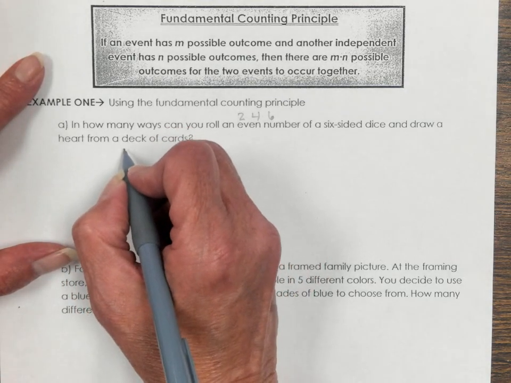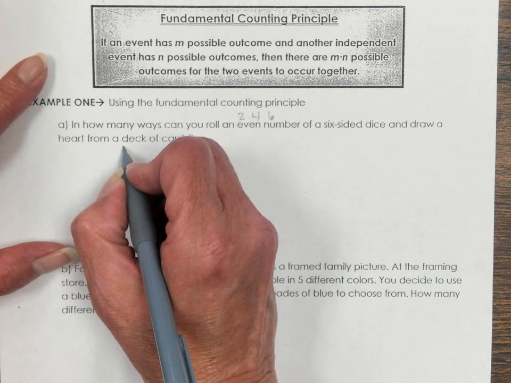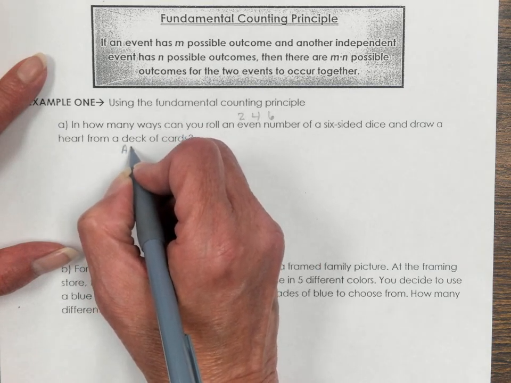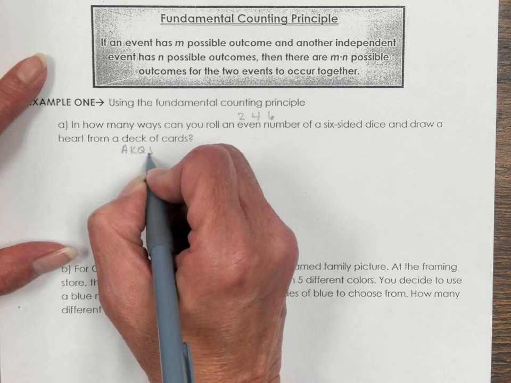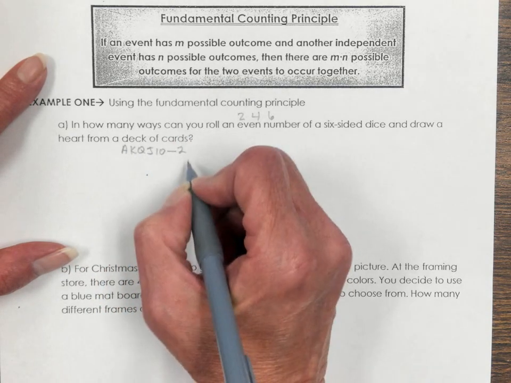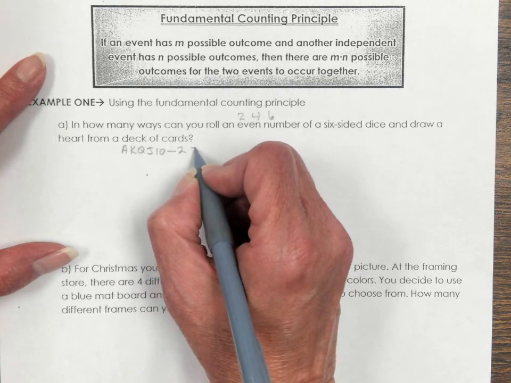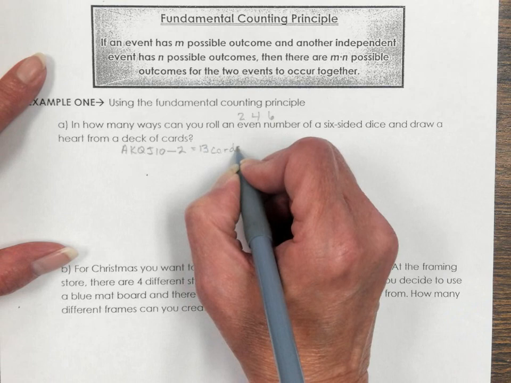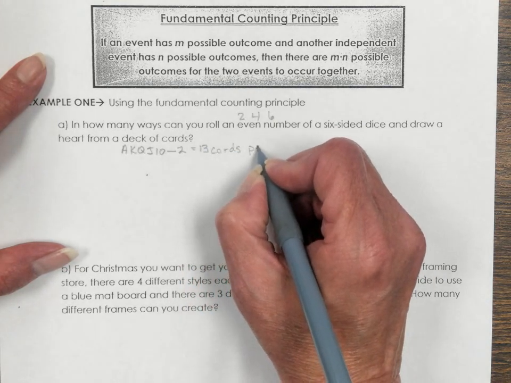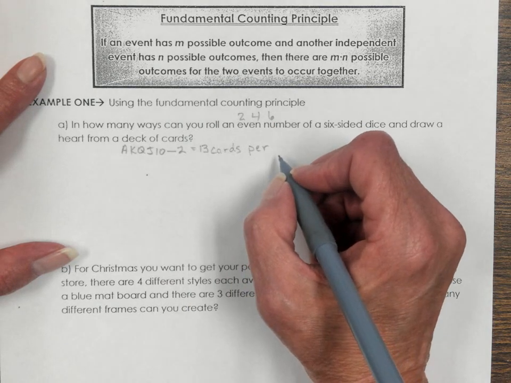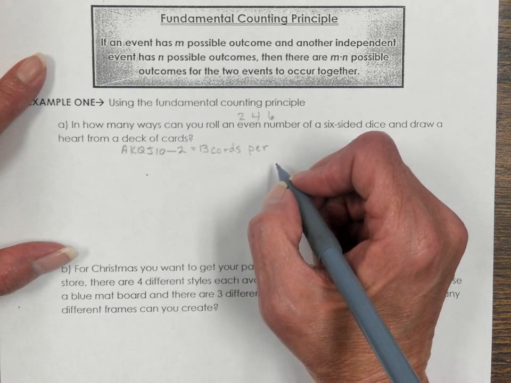Well, in a deck of cards, there are ace, king, queen, jack, and then 10 to 2. So if I count all of those up, I get 13 cards per shape.